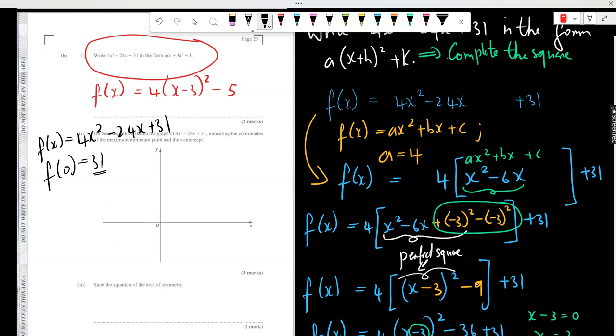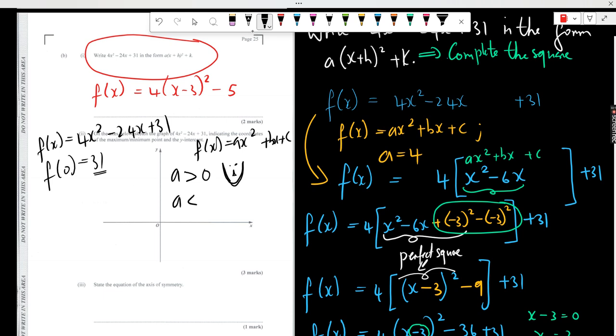All right? Now, we should have knowledge of the shape of quadratics. Remember that a quadratic is of the form f of x equals ax squared plus bx plus c. When a is positive, that is greater than 0, it shapes like this. It's a smile.